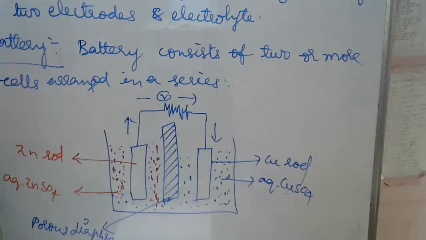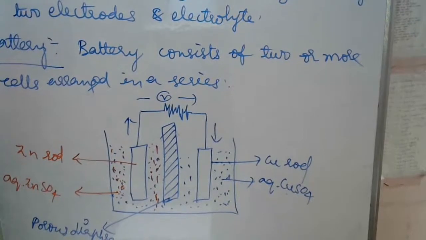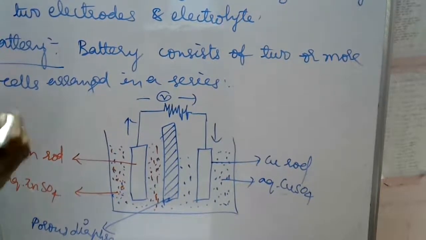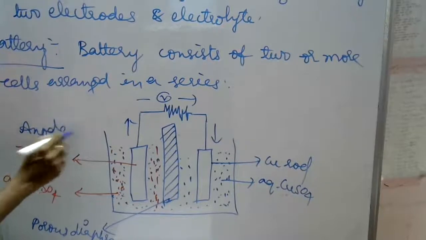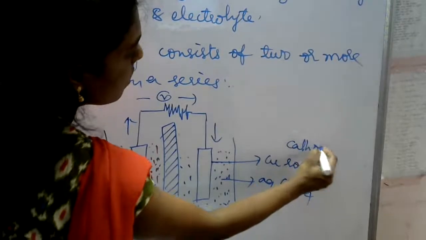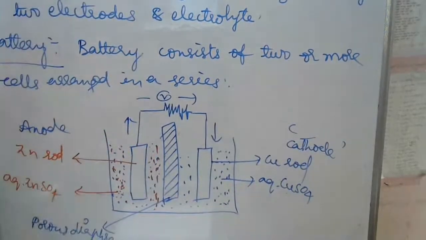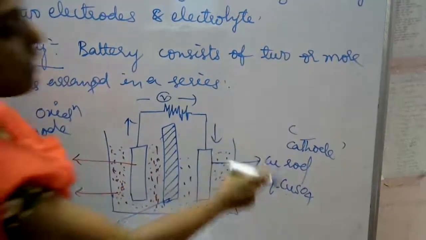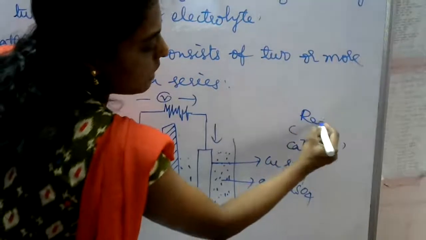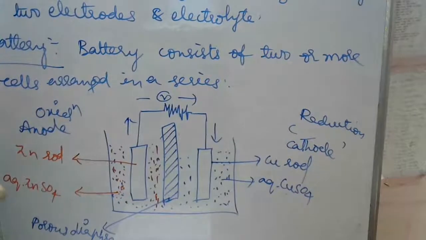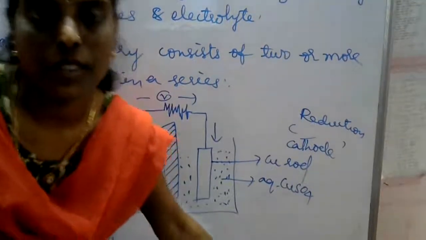The zinc rod acts as the anode, and the copper acts as the cathode. At the anode oxidation takes place, and at the cathode reduction takes place.